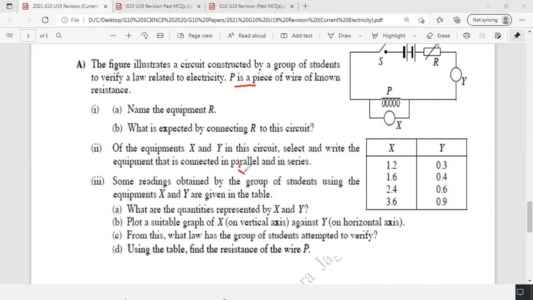Parallel you write X, series you write Y. Or you can write variable resistor.